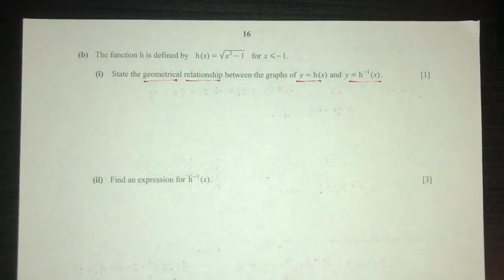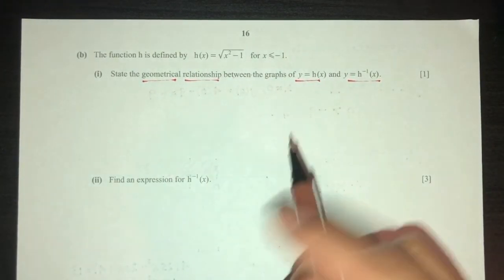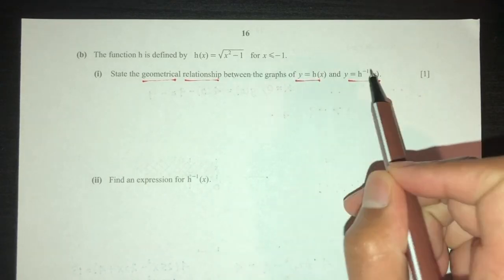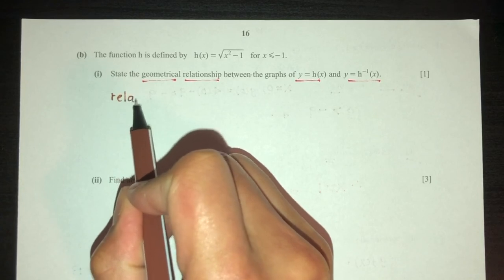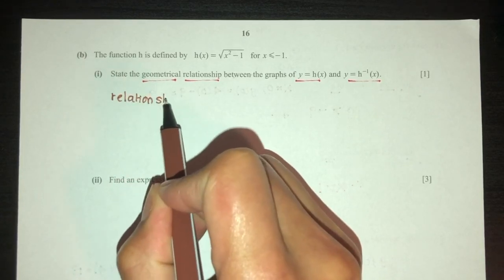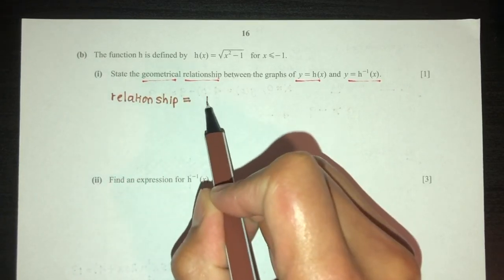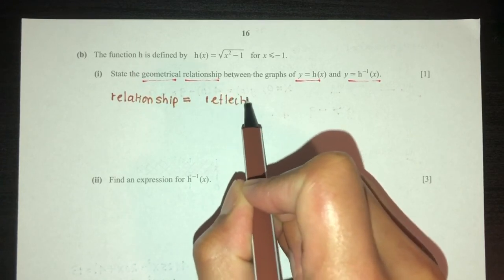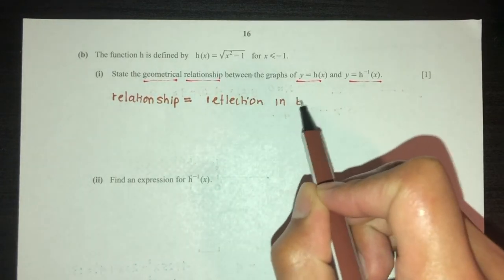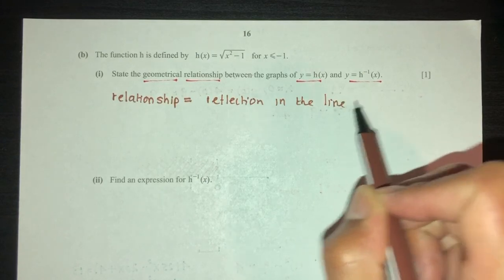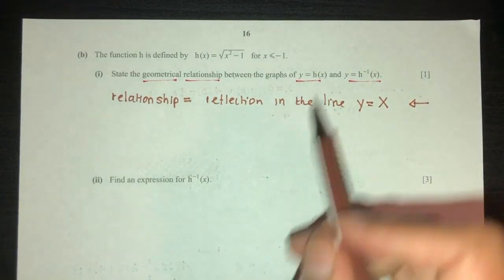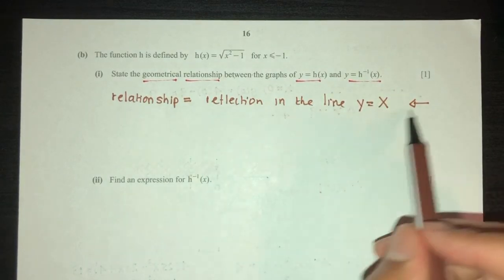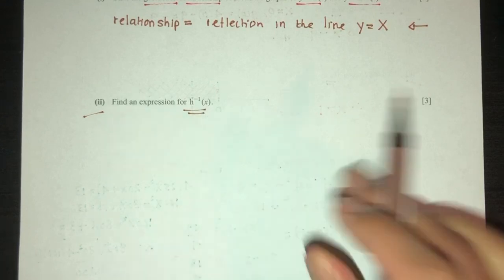So you have to know every time whenever you have a function and the inverse of the same function, their relationship is always going to be, you guys must know this by now, a reflection in the line y equal to x. It will always be the case between a function and its inverse. Now for part 2, find h inverse.